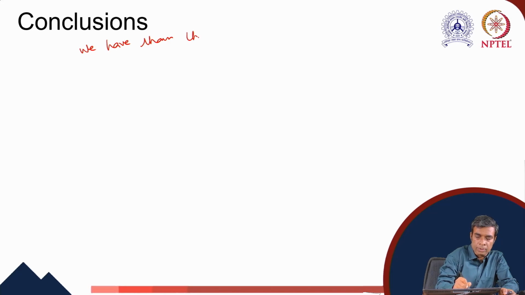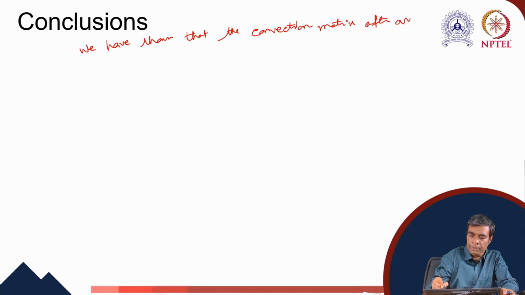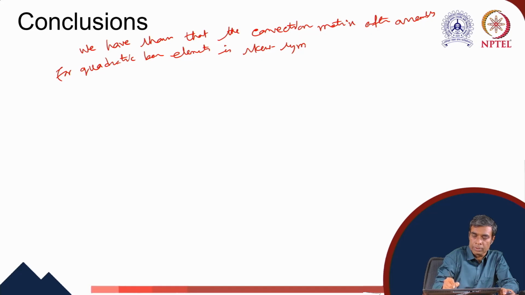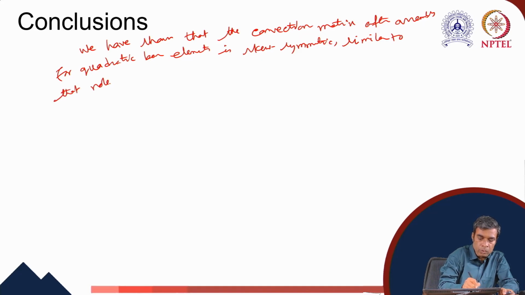We have shown that the convection matrix after assembly for quadratic bar elements is skew symmetric, similar to that noted for two-noded bar elements.